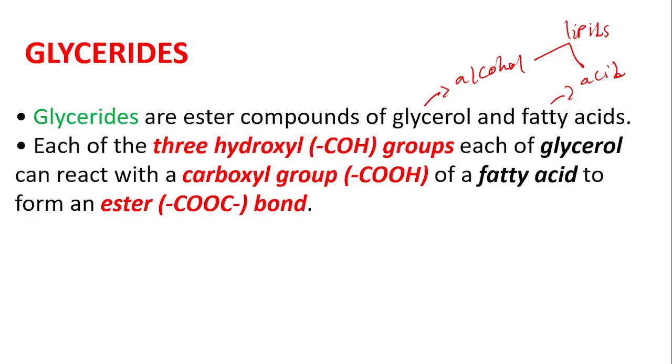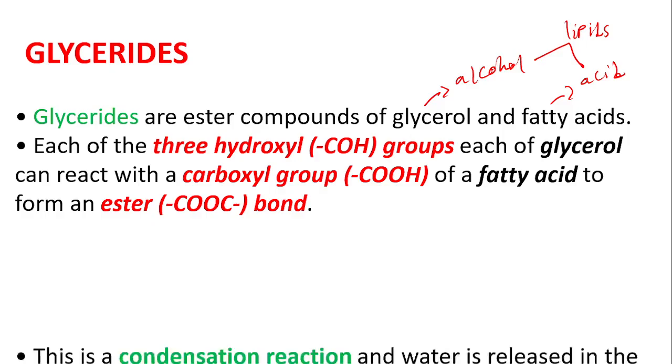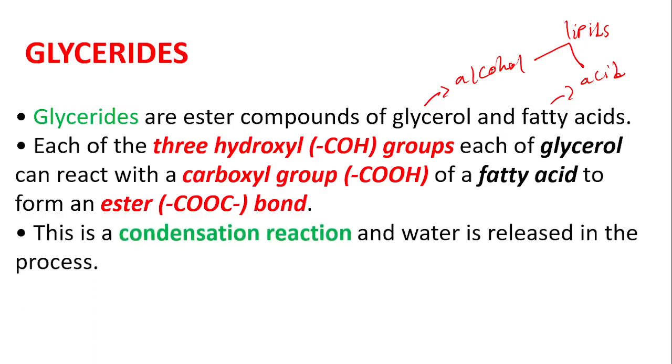And this again is in line with the definition which we made. And remember that we said that during the formation of this bond, there is the production of water. As a result, this is a condensation reaction, because water is normally released in the process.